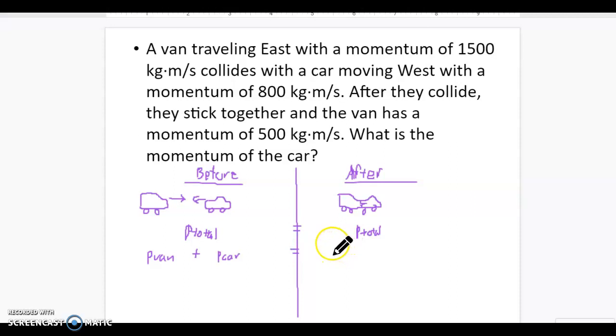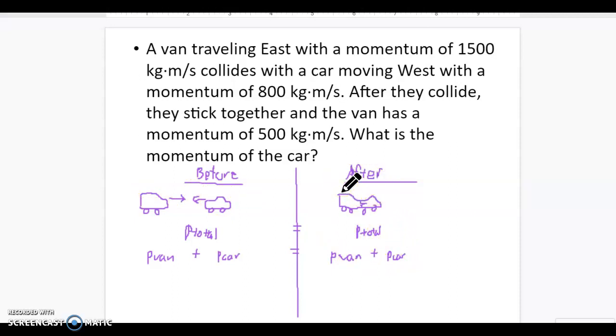On the other side, I really have the same thing. I need to list out the momentum for the van and a momentum for the car. But the difference between these is that one set of numbers is going to be from before they collided. One set of numbers is going to be from after they collided.